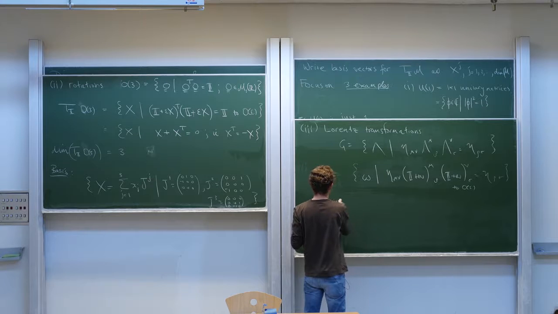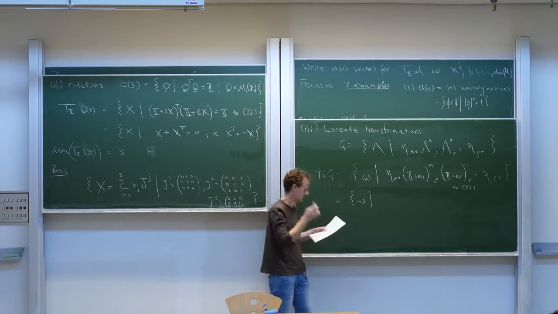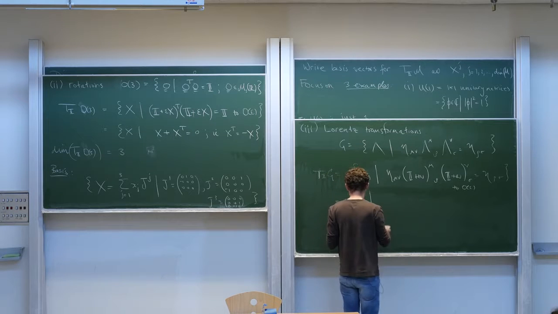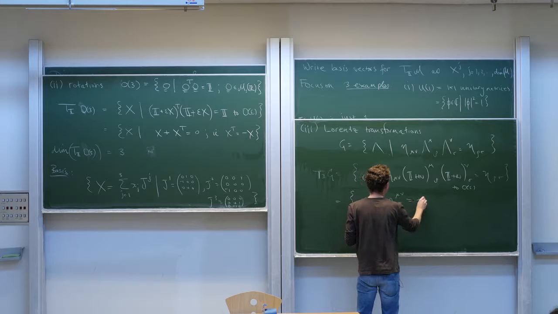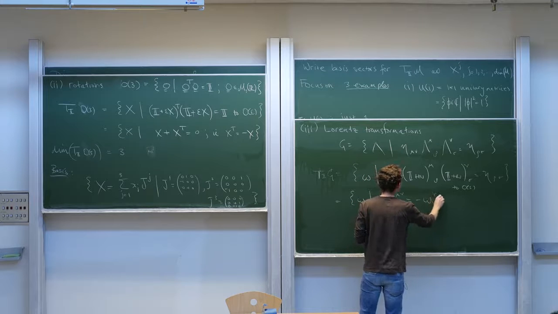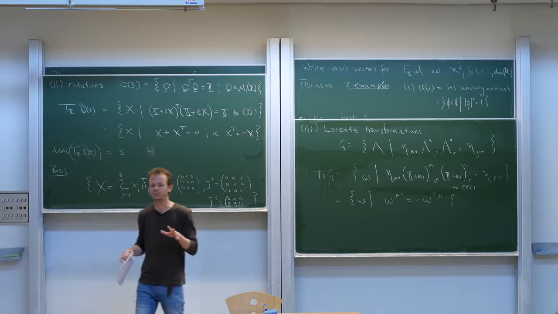And that's the same as the set of all 4x4 matrices omega such that omega_{mu nu} is minus omega_{nu mu}. So again, antisymmetric matrices. But beware, right?